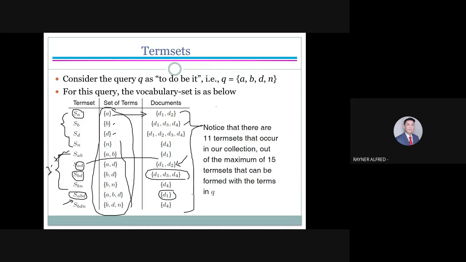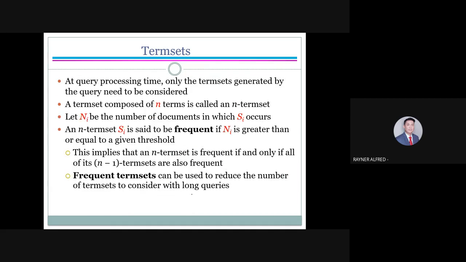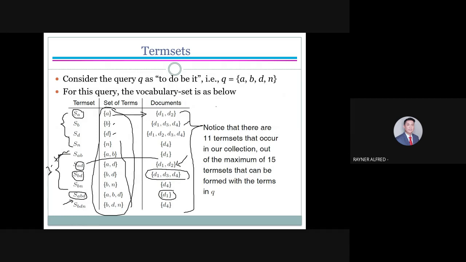So in the next slide, it says that at query processing time, only term sets generated by the query need to be considered. This is very important because in the exam, you have to know where you want to start. So always in the exam, if I ask you about term sets, you only look at the query here.